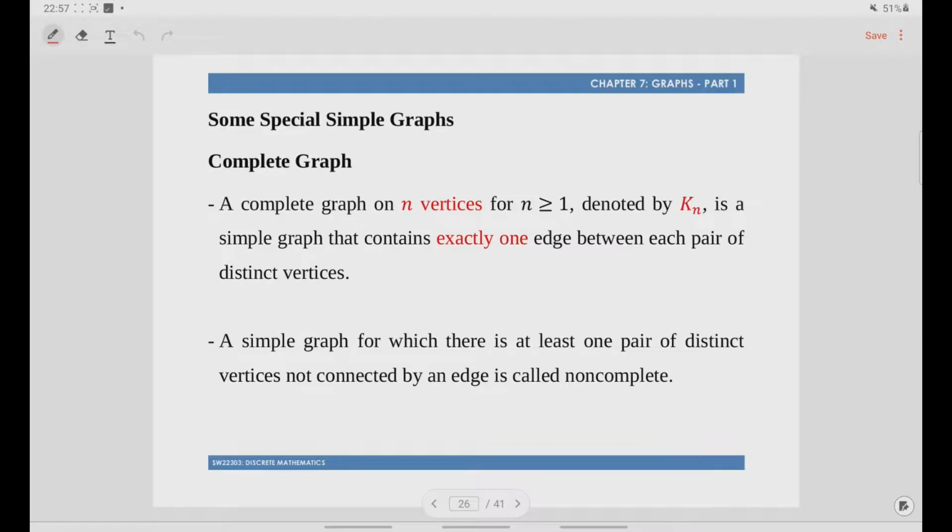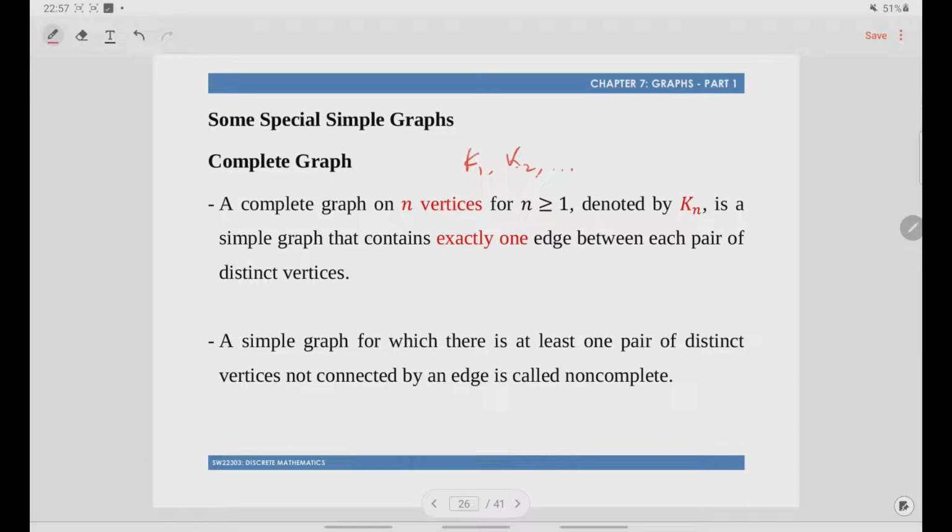Now we move to the next topic, which is about some special simple graphs. The first is the complete graph. A complete graph of n vertices, where n is greater than or equal to 1, is denoted by Kn. So we have K1, K2, and so on.